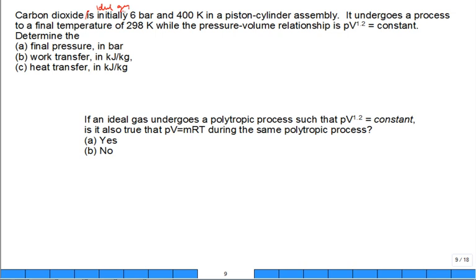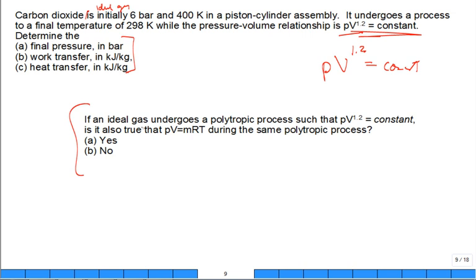It undergoes a process to a final temperature of 298 Kelvin, while the pressure-volume relationship is PV to the 1.2 is equal to a constant. So pressure times volume to the 1.2 is equal to a constant. That's what this is. It's a polytropic process. Before we answer these questions, answer this clicker question.